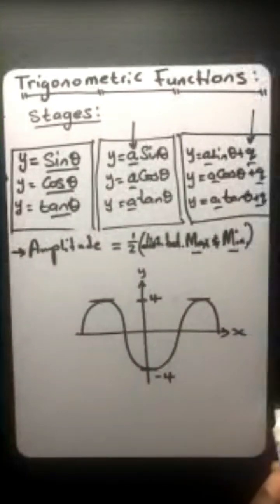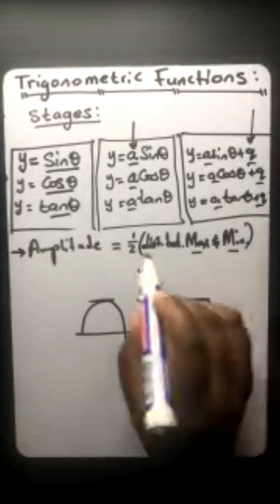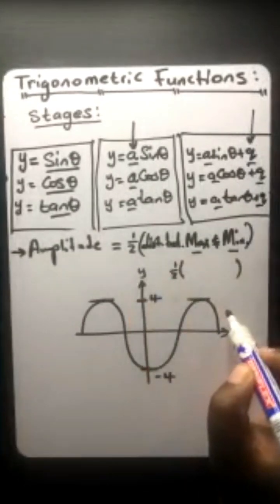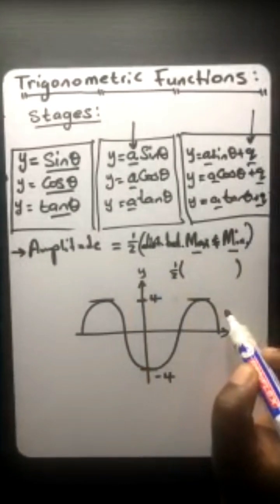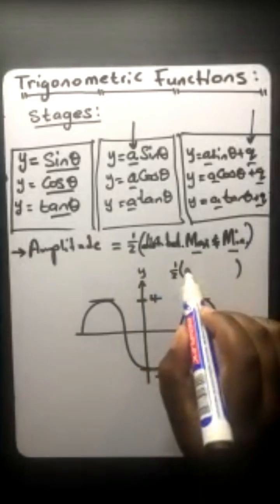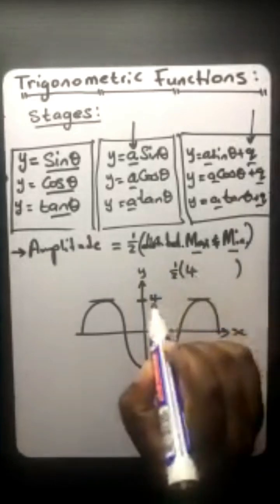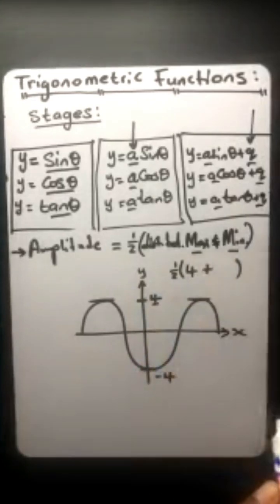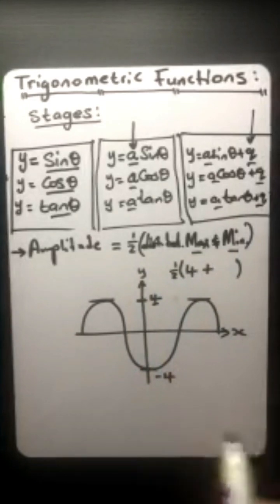So when we talk about the amplitude, we are referring to the y values. And the formula says half of the distance between the maximum and the minimum. So you say the maximum value is that 4 there, and then you add the minimum value, which is that.